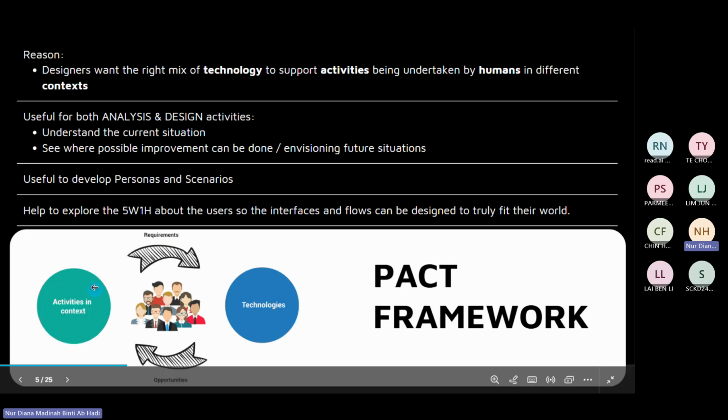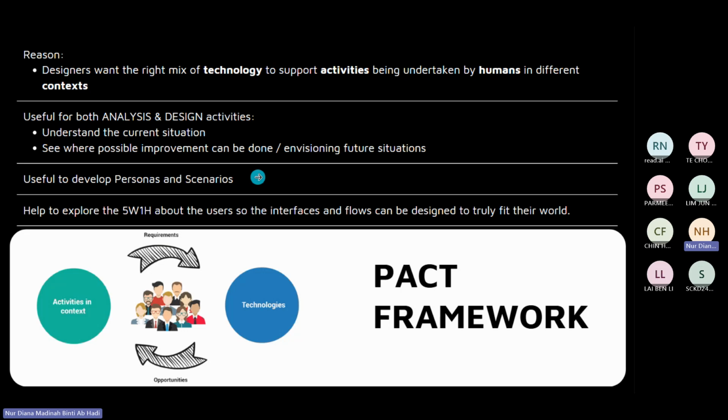Why is this very important? Because it is useful for analysis and design activity: to understand the current situation, and to see possible improvements we can make now and in the future.